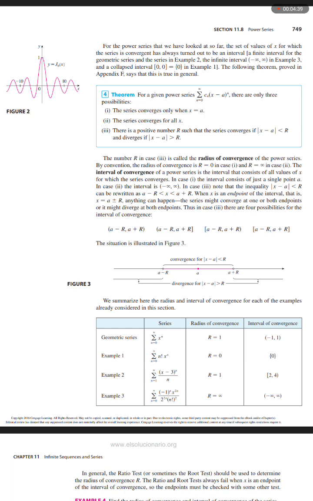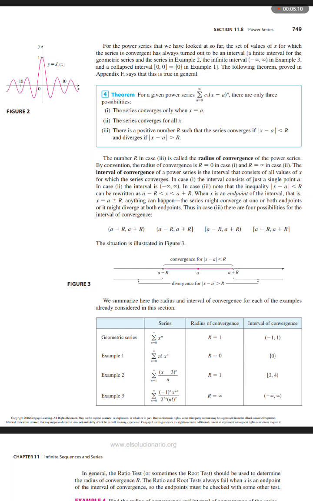Number 4, a theorem. For a given power series, the sum from n equals 0 to infinity of c_n (x minus a)^n, there are only 3 possibilities. Number 1, the series converges only when x equals a. Number 2, the series converges for all x.